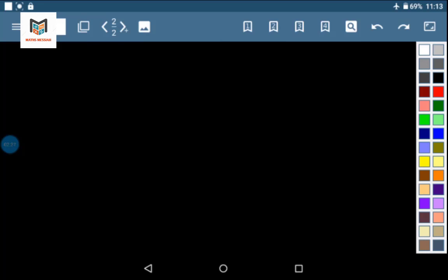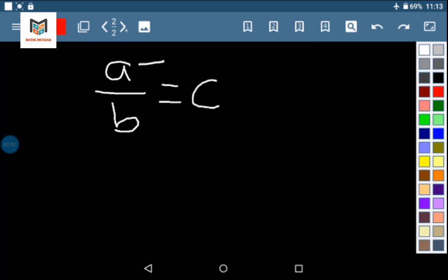Using an illustration, let's say you have a number A divided by a number B, and the result, that is the answer, is C. The number A is called the numerator. The number below the division sign is called the denominator.